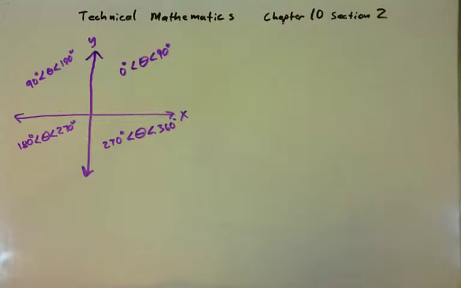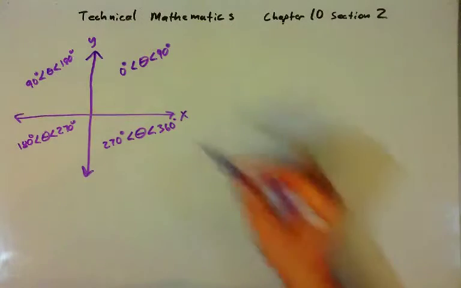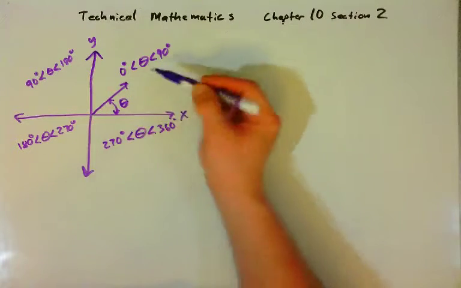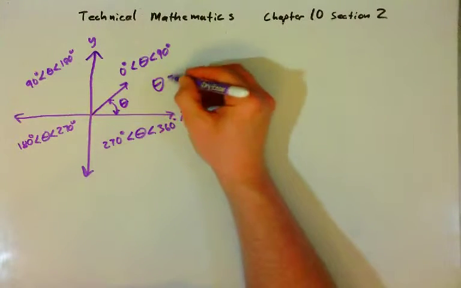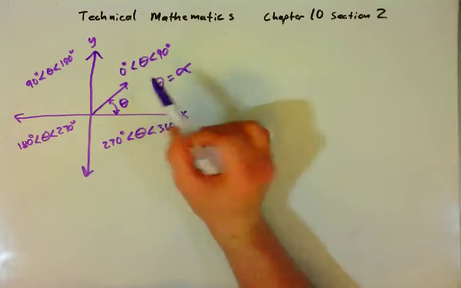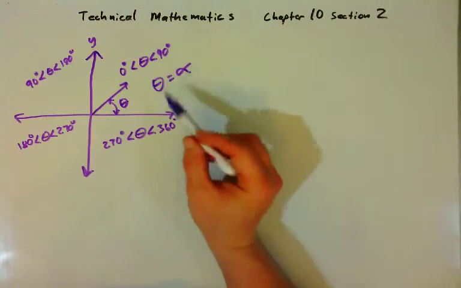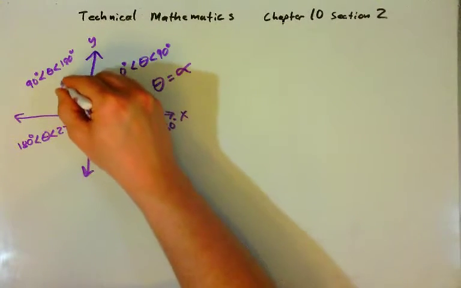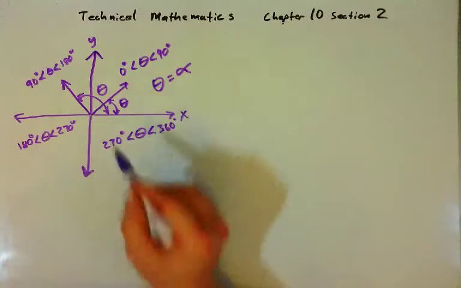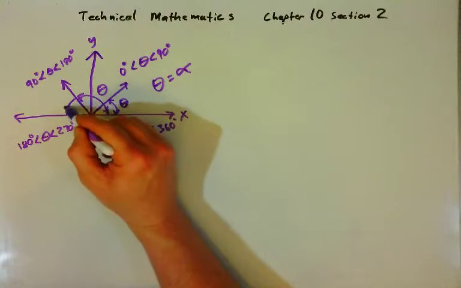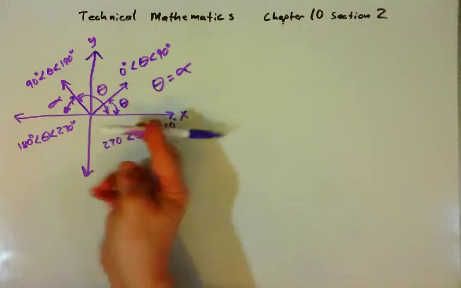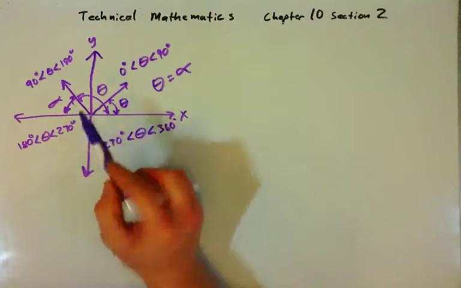So let's look at how the reference angle looks in each quadrant. If theta were in the first quadrant, then theta is equal to alpha. If theta is less than 90 degrees but greater than 0 degrees, theta and alpha will be the same angle. But if the theta angle was in the second quadrant, then the reference angle alpha will be 180 degrees take away theta, and that leaves you with alpha.